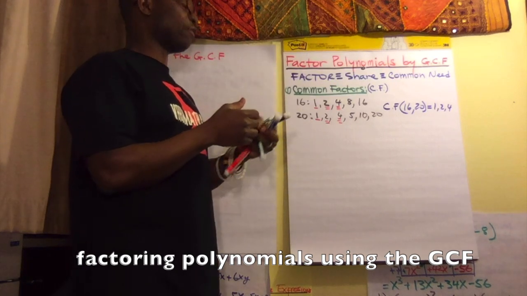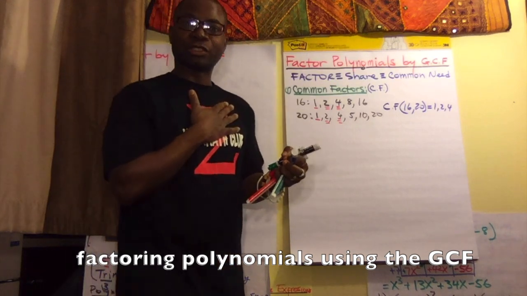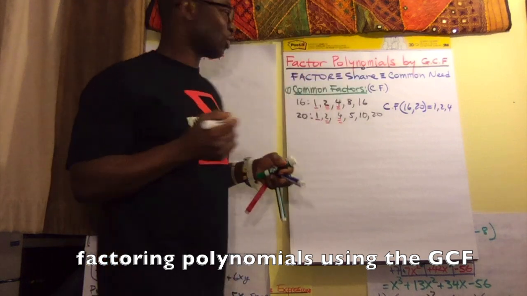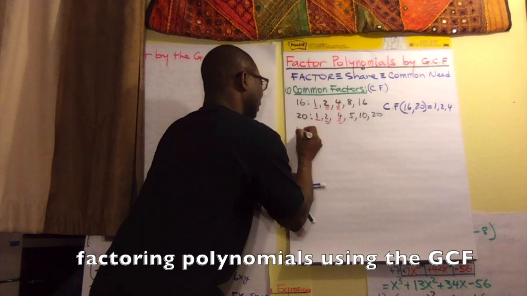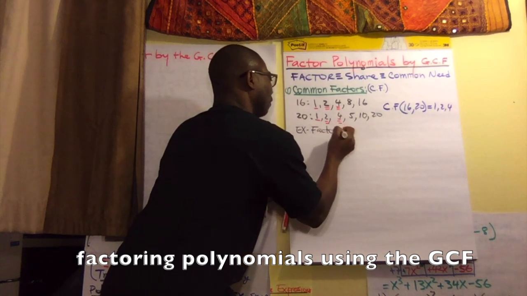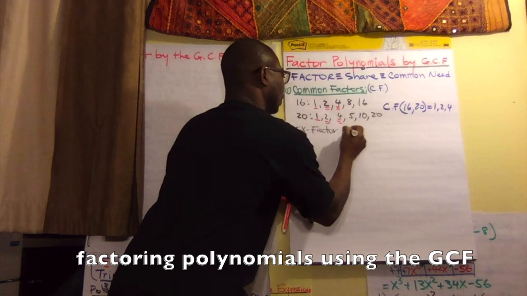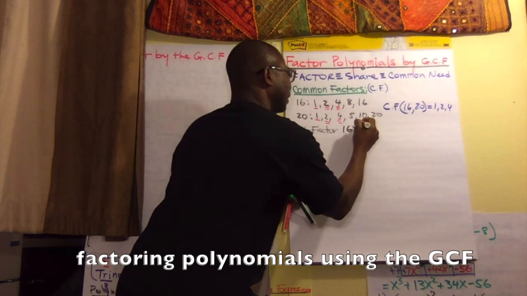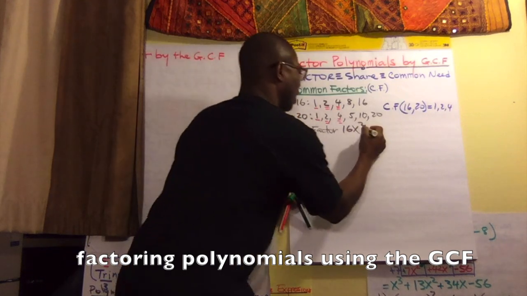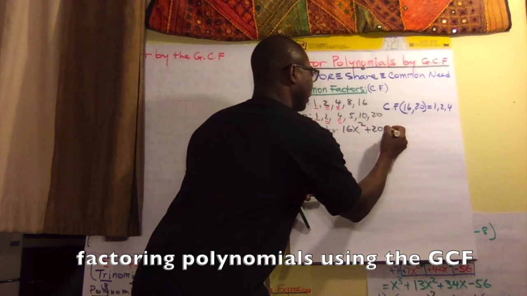For what we want to do in Algebra 1, we want to factor. So we have this example: factor 16x squared plus 20x.